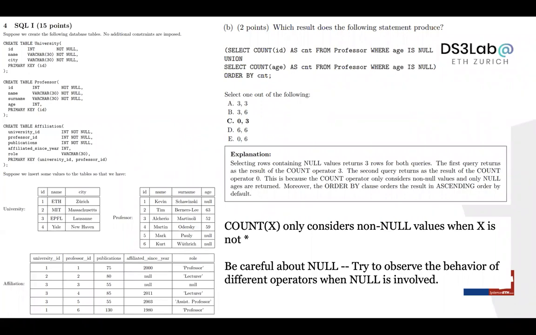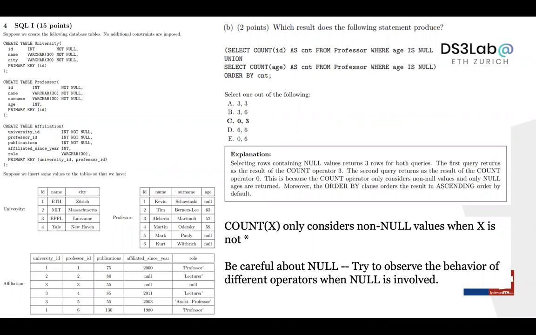That's something you need to be really careful about: how does aggregation perform over null values? It's very tricky. If it were star, it would count the null? If it is star, I believe it's going to give you 3.